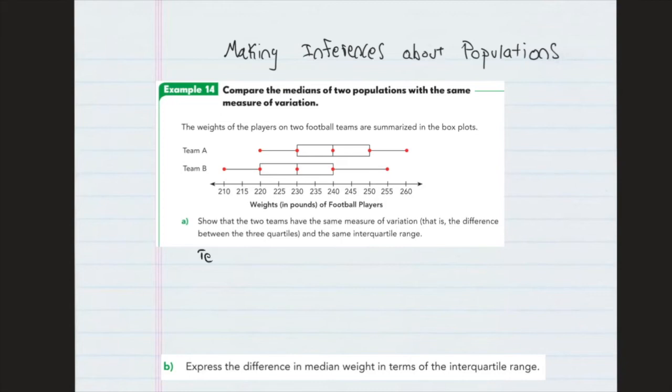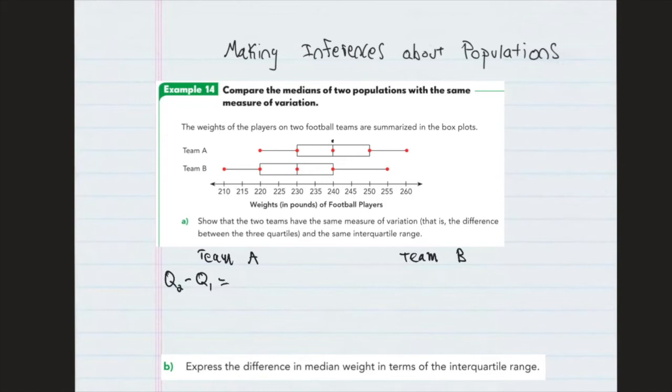So we're going to separate this. We can say team A and then team B. And the first one we're going to do is just quartile 2 minus quartile 1 for team A. And remember, quartile 2 is the one in the middle, right?